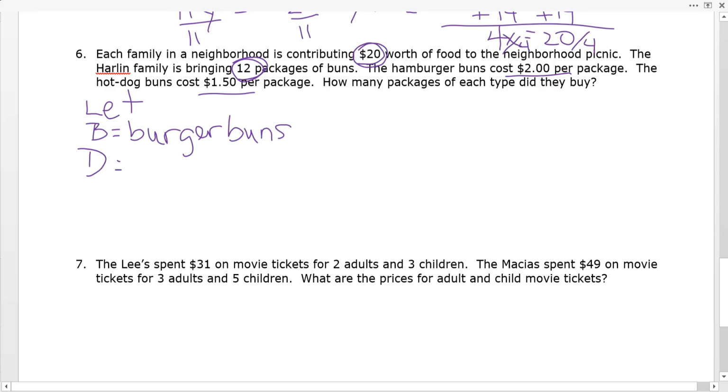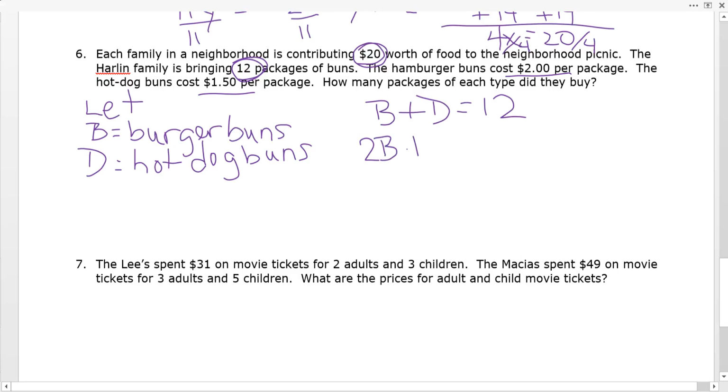D equals hot dog buns. Okay, so I have B plus D equals 12 because he brought 12 packages. And I have $2 for hamburger buns plus $1.50 times hot dog buns, that's a D, equals $20.